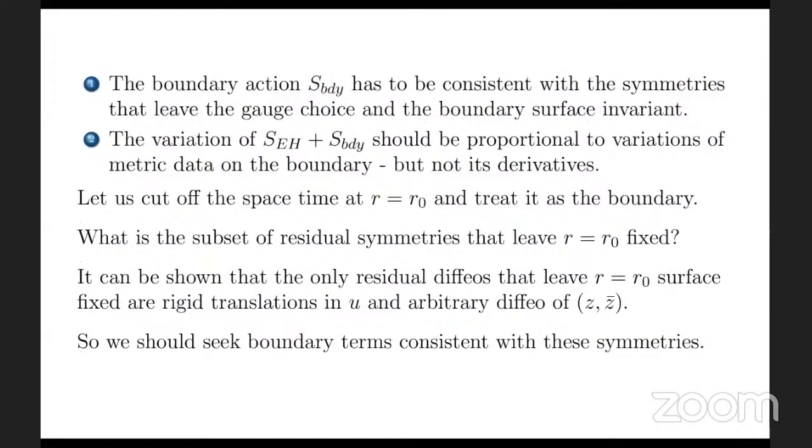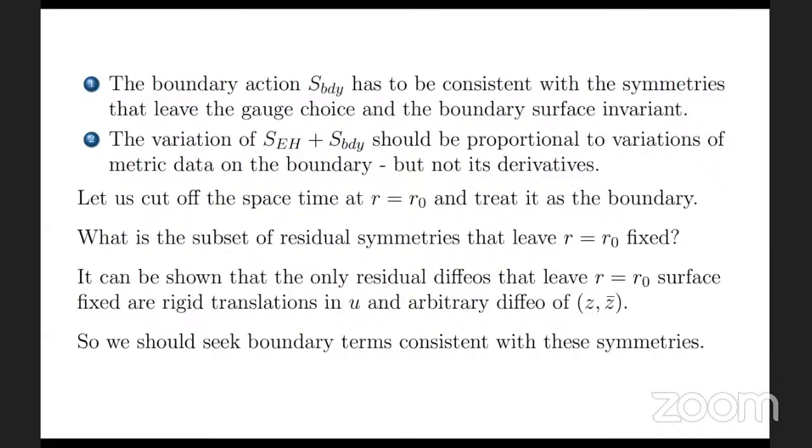The 2 essential requirements of a Gibbons-Hawking term are that wherever you put the boundary, it should respect the symmetries of the boundary. And also, when you vary the total action, the Einstein-Hilbert action plus the Gibbons-Hawking action, the terms that appear in the variation in the boundary term should only have variations of the boundary metric, but not their derivatives.